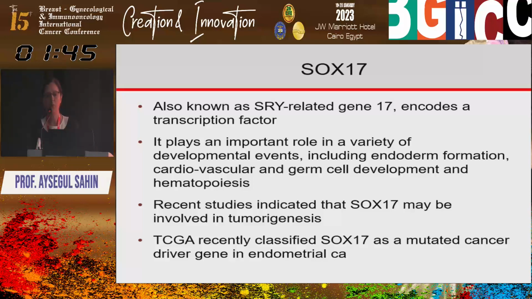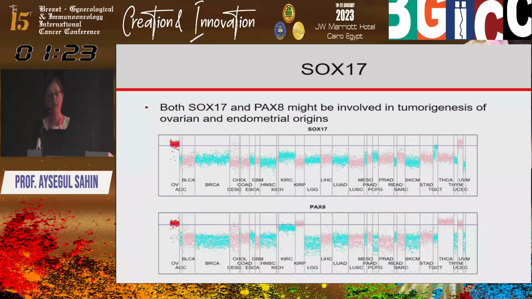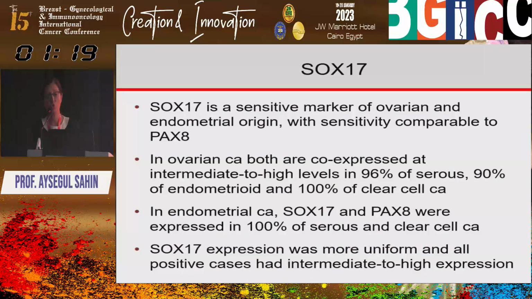It plays an important role in a variety of developmental events, including endoderm formation, cardiovascular, and germ cell development. Recent studies indicate that it is involved in tumorigenesis, and we again identified this marker through TCGA, and it is present predominantly in GYN tumors.